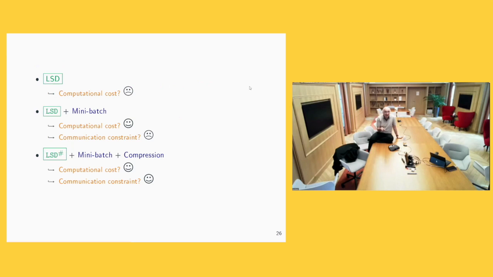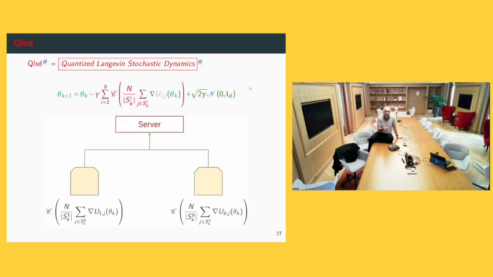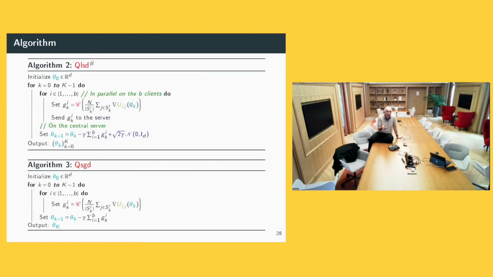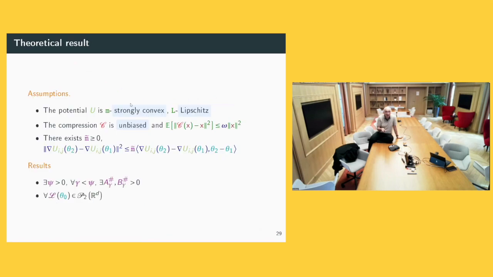What we call QLSD, the first algorithm, is simply like QSGD, so you typically replace the mini batch gradient that you compute on each client by a compressed version, and you add some noise on the server. So of course it's very closely related to QSGD. It's clear to understand that.